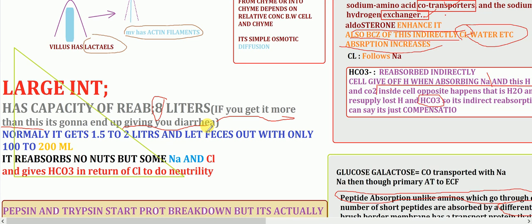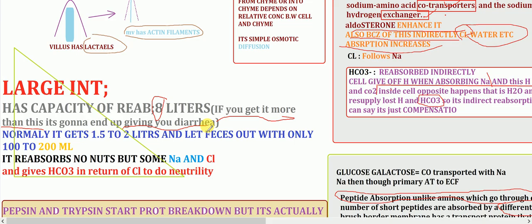Normally, in non-diarrhea conditions, the large intestine gets 1.5 to 2 liters and lets feces out with only 100 to 200 ml of fluid in it. If someone asks you what its capacity is, it's 8 liters; what it normally gets is 1.5 to 2 liters.